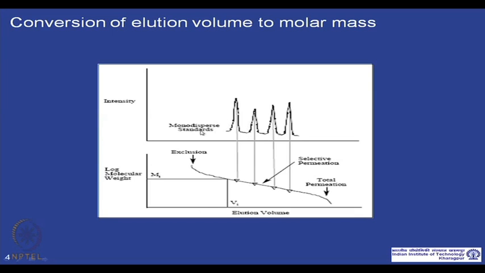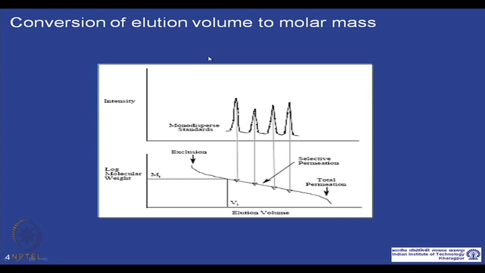Several monodispersed polymer samples with known molecular weights are injected in the column and their elution volumes are plotted against log of molecular weight, and such a linear plot is constructed.